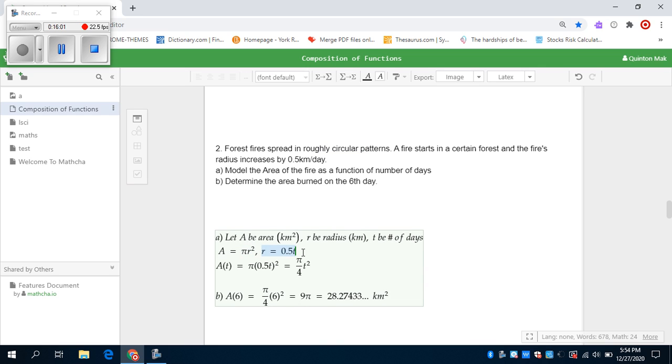We create the composite function by subbing in R into the function of A. And then we get A of T equals pi over 4 T squared. The area burned on the 6th day, you just sub in 6 into the area function and you find the answer.